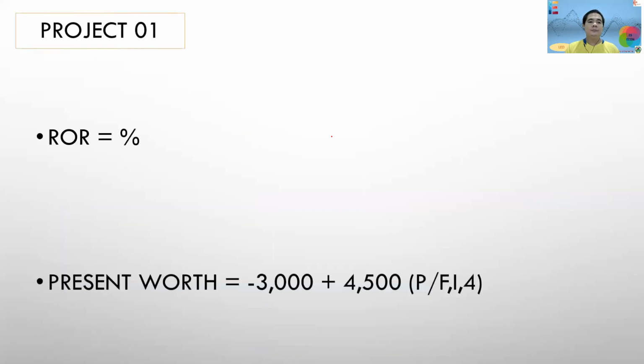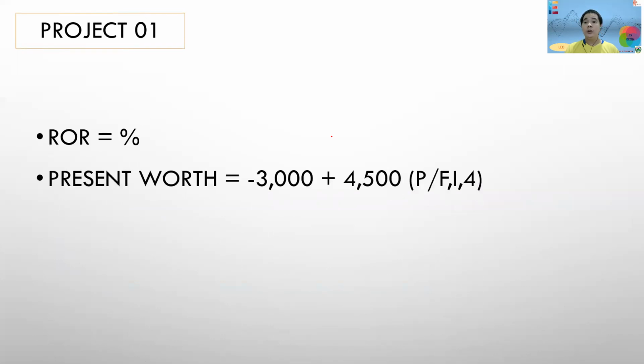Now, what's your rate of return or the IRR? When you are asked for the interest rate of the rate of return, that refers to your IRR method. So the present worth is equal to negative 3,000 plus 4,500 (P/F, i, 4).